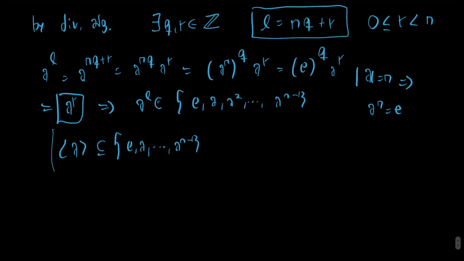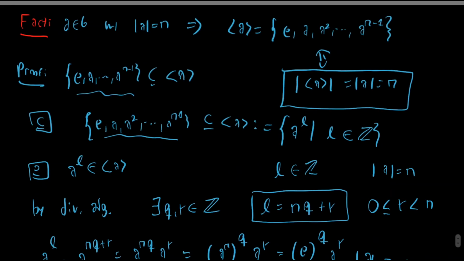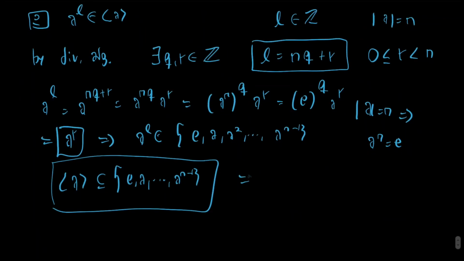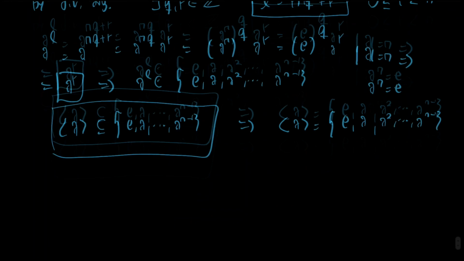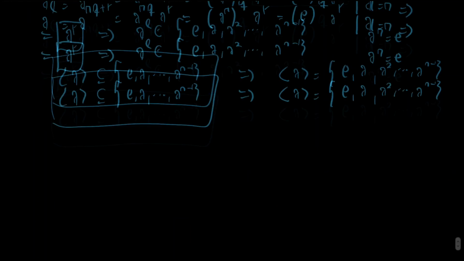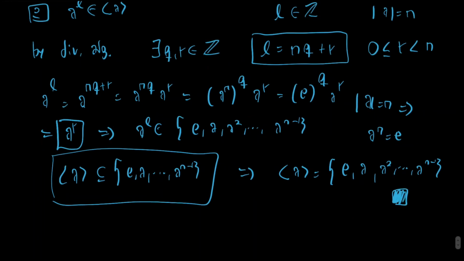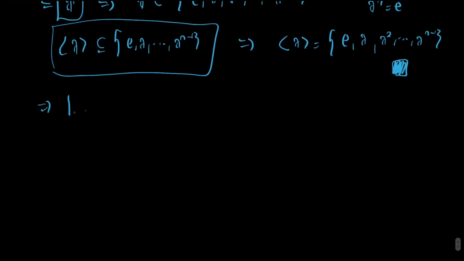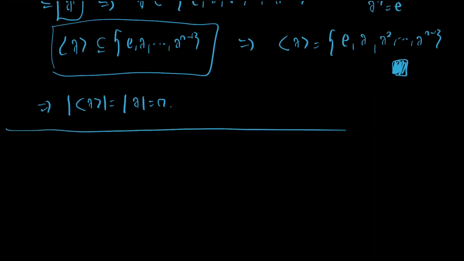And so we have this other inclusion relation, which, grouped together with the one we proved earlier, yields that the cyclic subgroup generated by A is just given by 1, A, A squared, up to A to the n minus 1. So this concludes this proof. And of course, as an immediate corollary, it follows that the order of the cyclic subgroup coincides with the order of A, and it is equal to n.